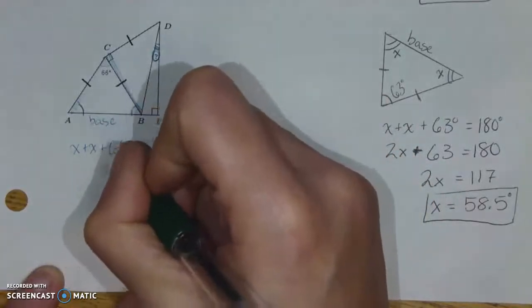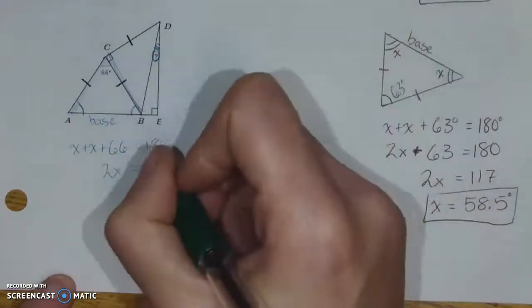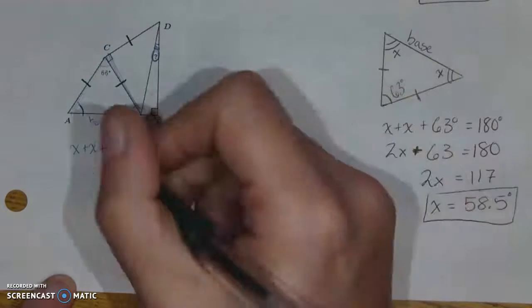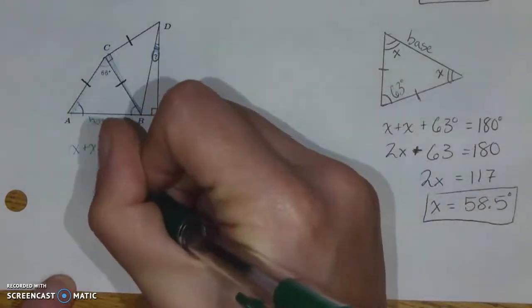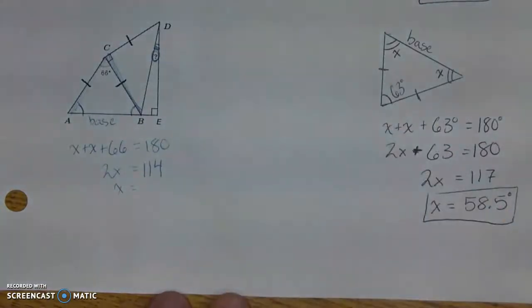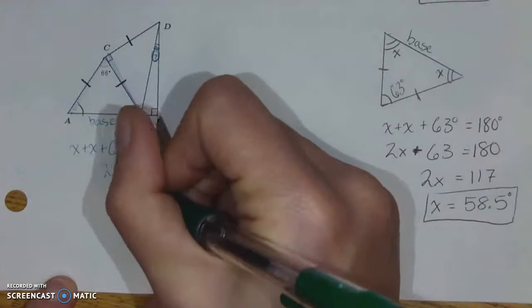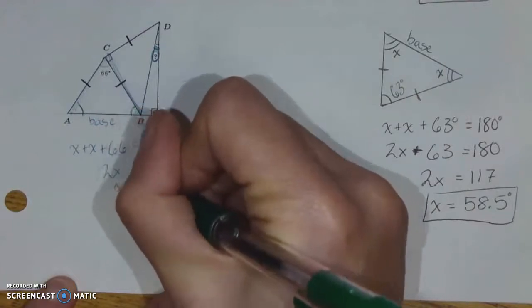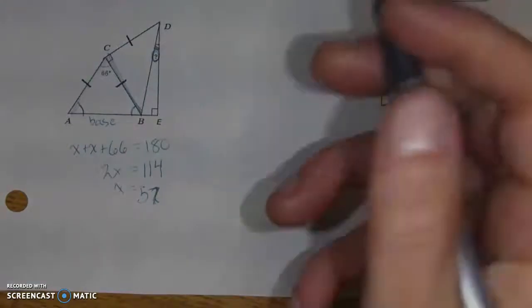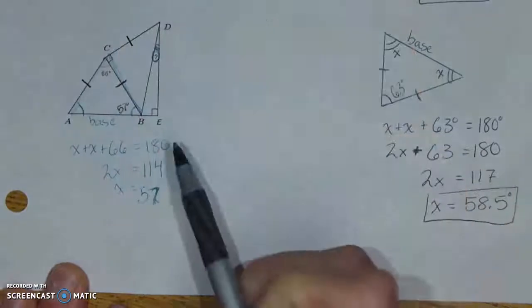That means that my 2x will be equal to 180 minus 66, or 114, which means just my x here is going to be 114 divided by 2, which is going to be 57 degrees. Well, now that I know what this angle is, I can mark it in, 57 degrees.